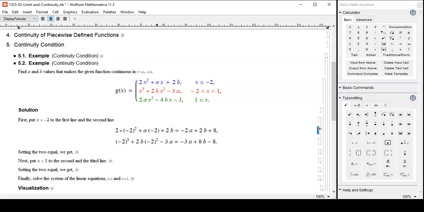Now this is blue. This is red. Coming from the first line, from the second line. And I have to set these two equal at x equals -2.